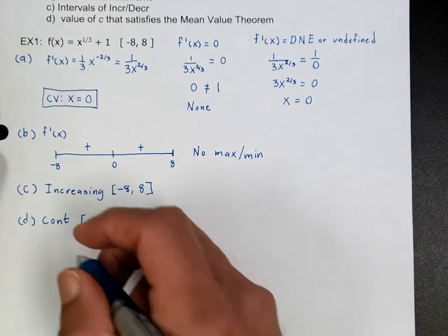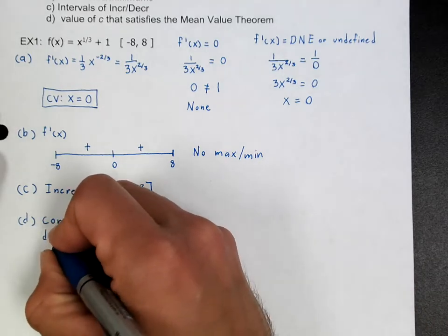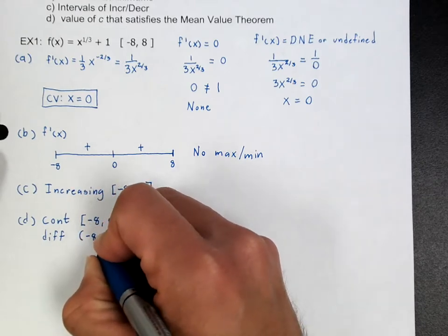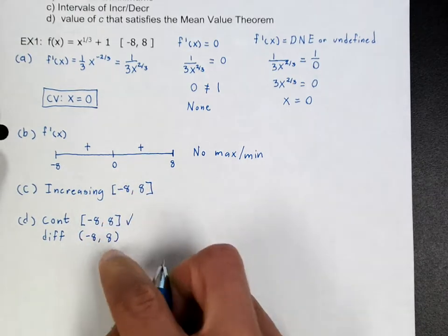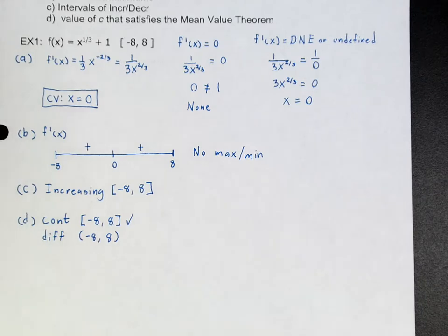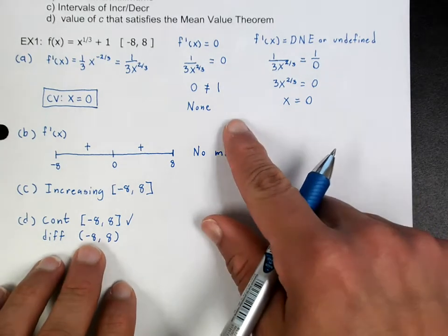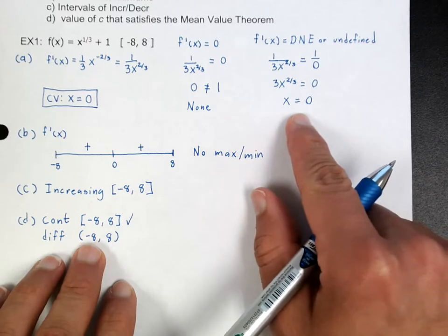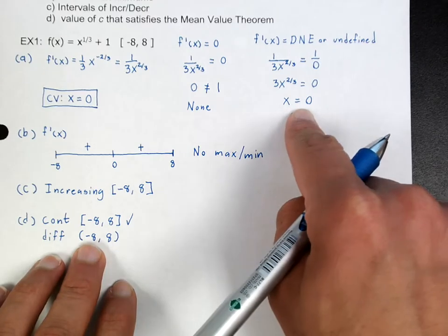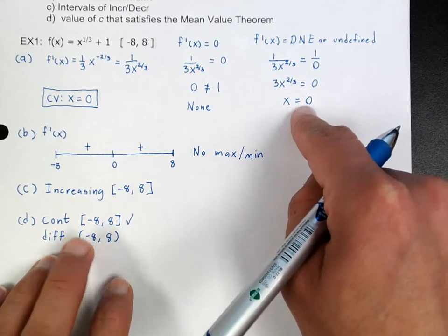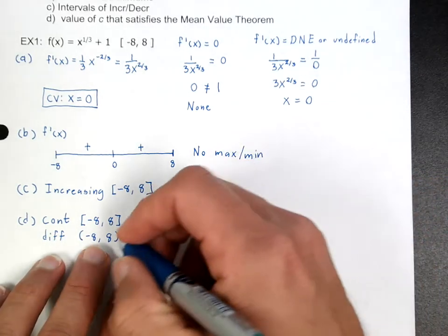All right, now I also need to make sure that f of x is differentiable between -8 and 8. Okay, notice that I'm not including the endpoints. I need to make sure that it's differentiable between -8 and +8. Now, on this one, we actually already know this because at the beginning, we figured this out, all right? If this is true, which means that I have a point where the derivative is undefined, that means that this right here is not differentiable.